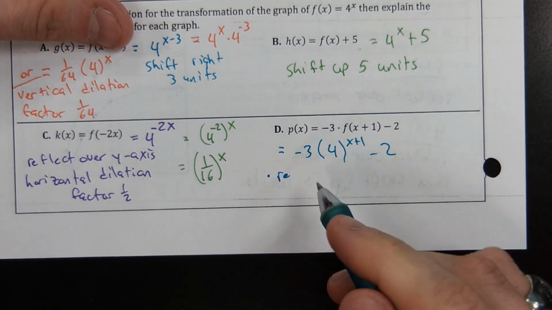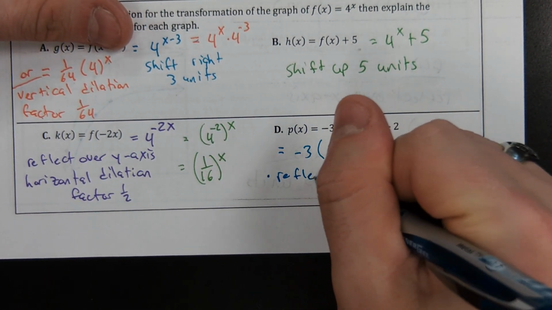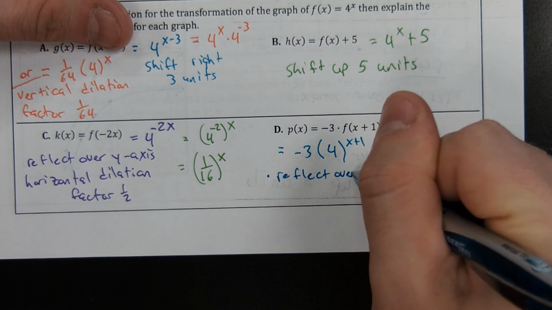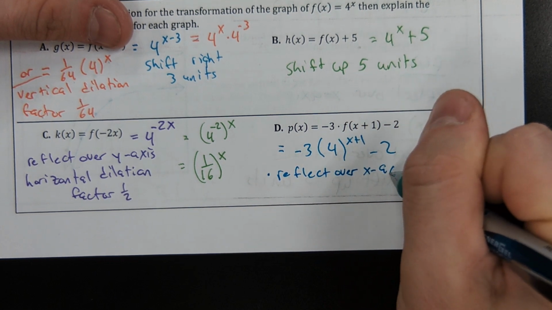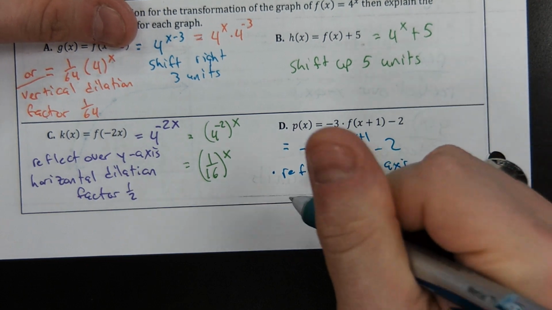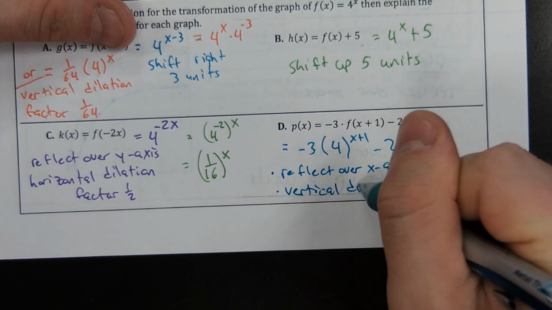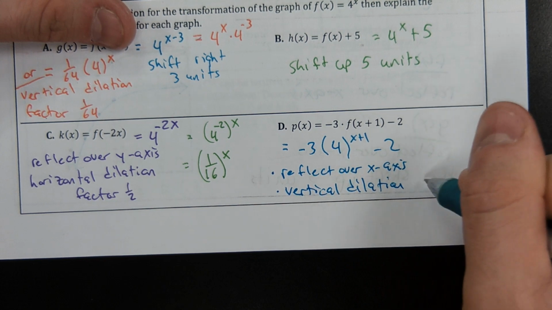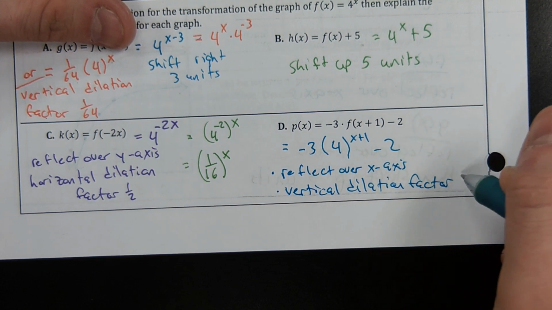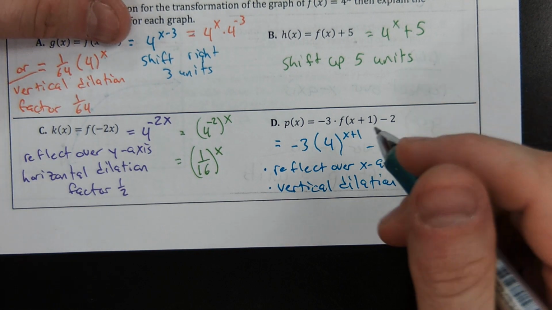So let's go, the first negative is reflect over x-axis. Then we have vertical dilation, factor 3. Then we have shift down 2.